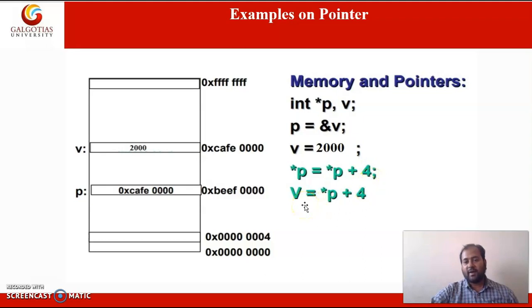In the next statement it is also the same, v = *p + 4. So using these statements we are incrementing the value of variable v. What will happen after these statements? The value of variable v will be 2008, since we have incremented it 2 times.